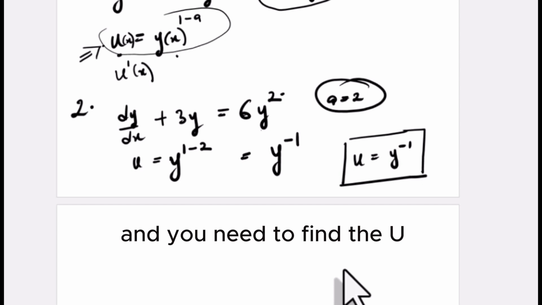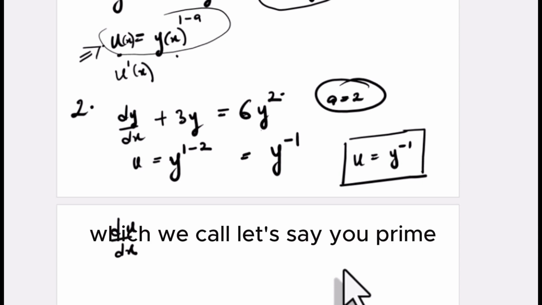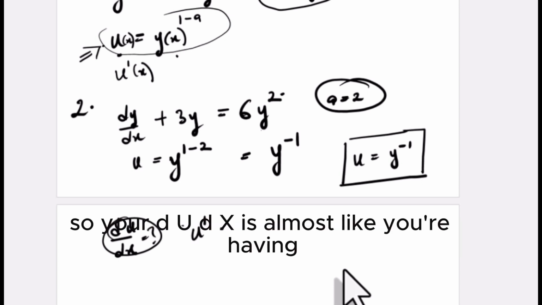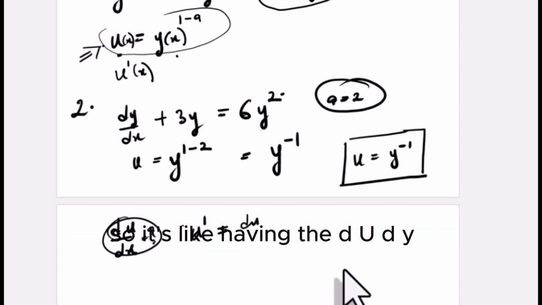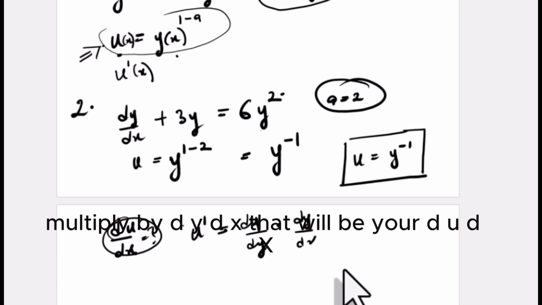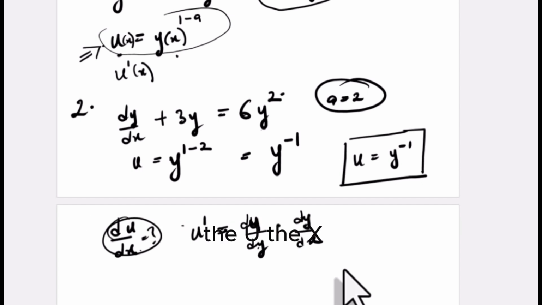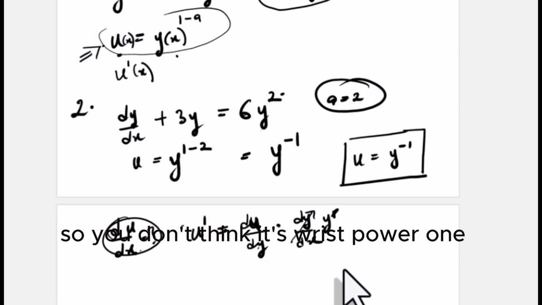And you need to find the derivative of u with respect to x, which we call u prime. So your du/dx is almost like, because you have u as a function of both y and x, it's like having du/dy multiplied by dy/dx. That will be your du/dx. This can cancel this and you still have your du/dx. This actually represents y prime, so you don't think it's raised to power 1.